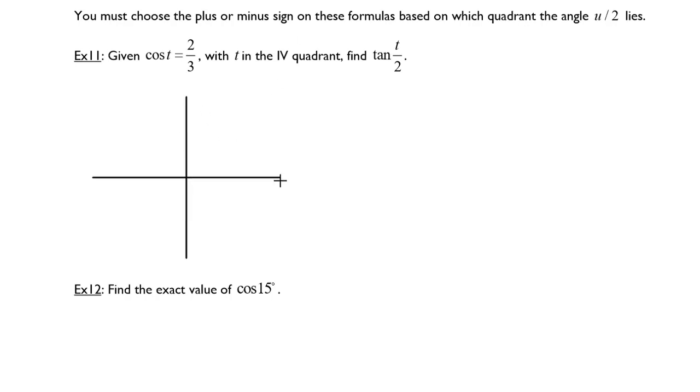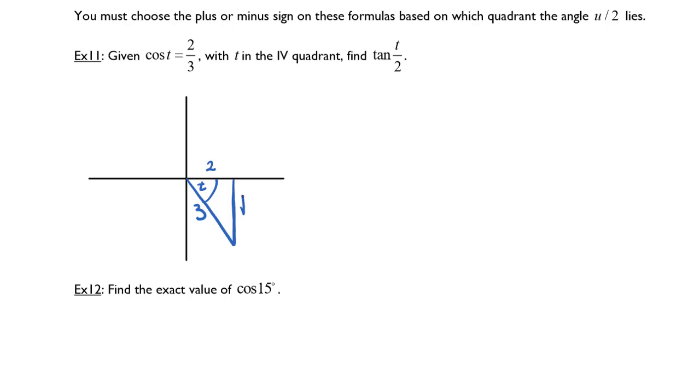Here's my quadrant map. I'm going to draw cosine of t in the fourth quadrant. The adjacent side is 2, and the hypotenuse is 3. The angle is t.